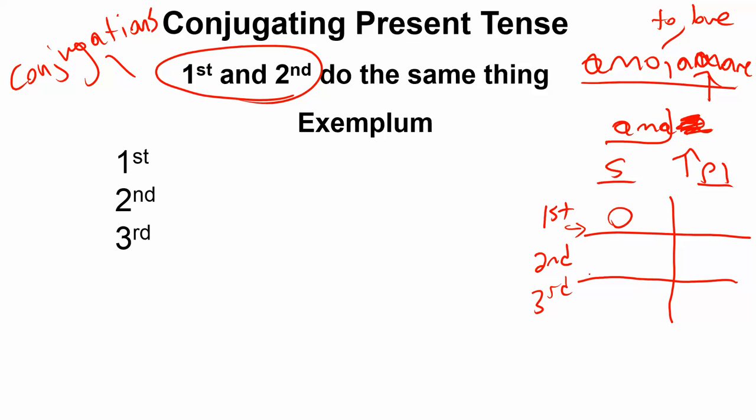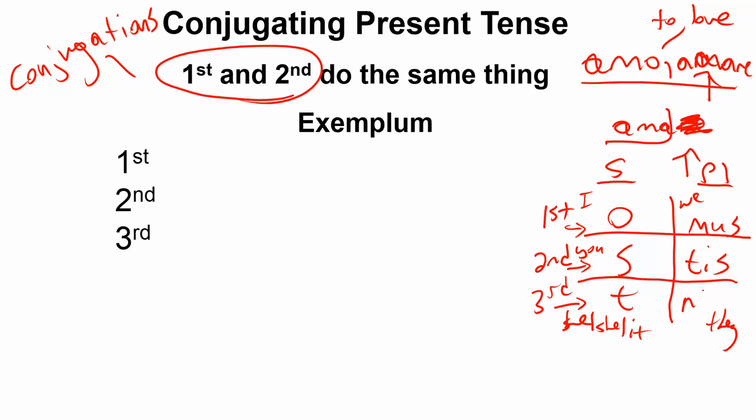The first row is first person, I and we. The second row is second person, so you and y'all. And then third is what we know and love, third person he, she, or it on the singular side, and they in the plural. The endings are o, s, t, mus, tis, nt.